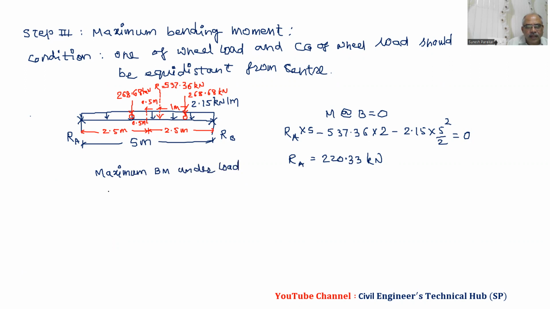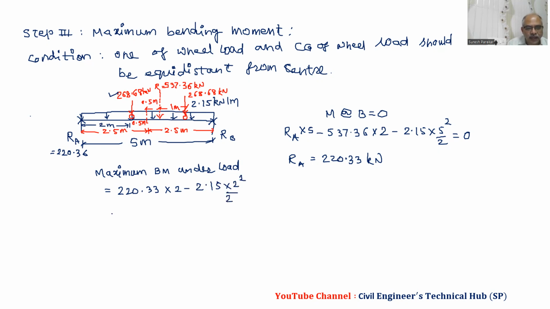And then we have the maximum bending moment under load. Now this RA value we have is 220.33. So we have the maximum bending moment under this load, where the distance becomes 2 meters. So we have 220.33 into 2 minus 2.15 into 2 square by 2.